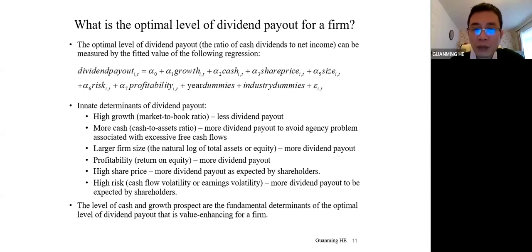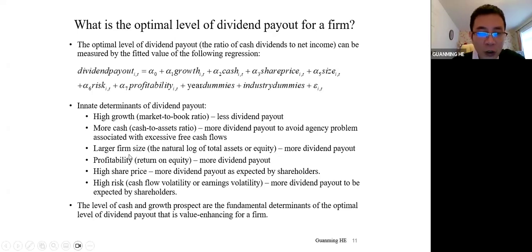And in the meantime, the firm can avoid the agency problem associated with the excessive free cash flow, because the cash flow are the easily investable assets in the firm. The managers can easily embezzle the cash and the associated resources from the firm. So it's always better for the firm not to maintain too high a level of cash within the firm.